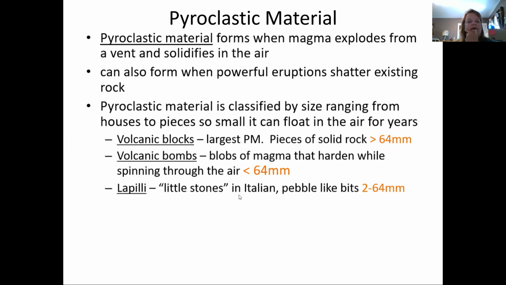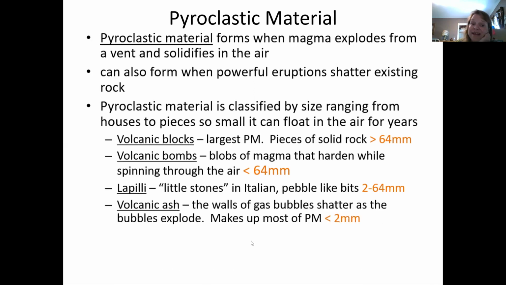So next we have volcanic ash. This comes from the walls of the gas bubbles. Remember that trapped gas in magma is one of the things that causes an explosive eruption. Remember, we've got high silica content, trapped water, and trapped gases as the three things that contribute to an explosive eruption.